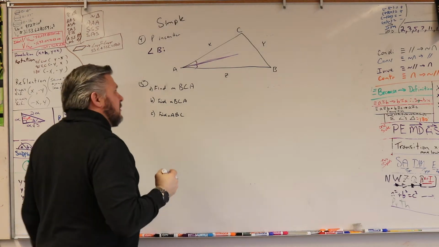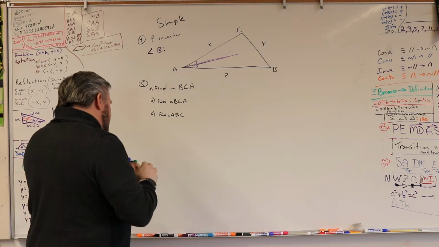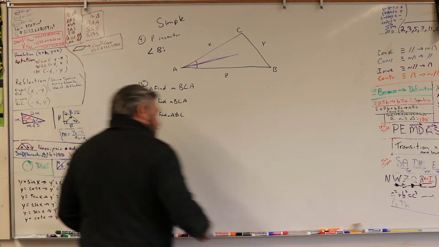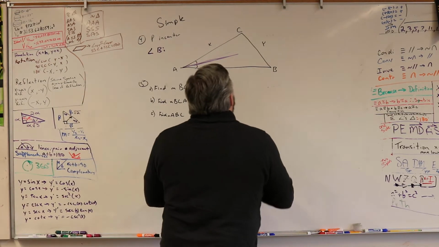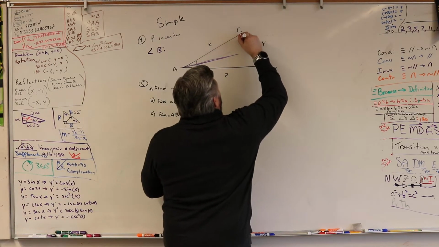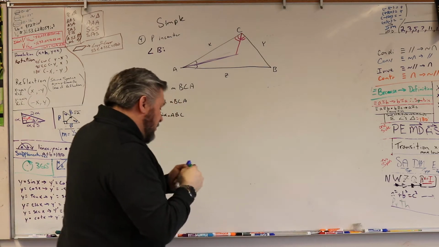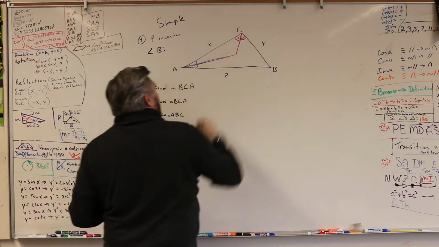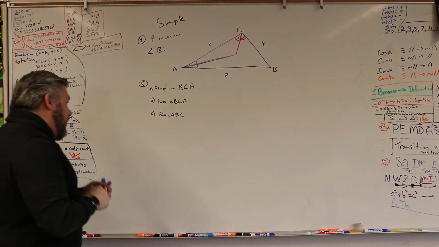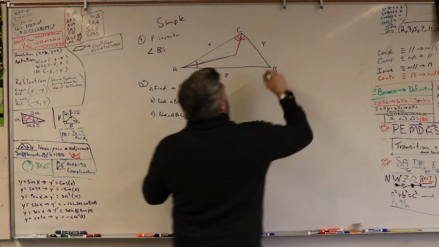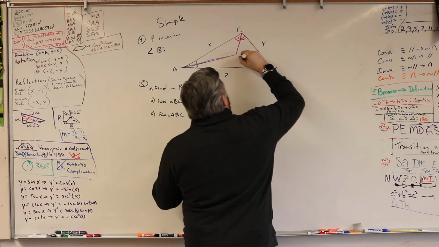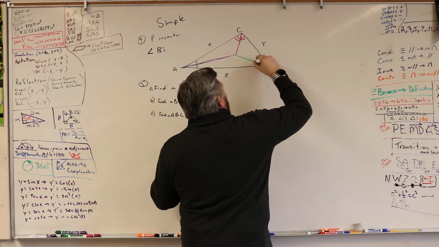Okay? Now, with that said, I'm going to do the same thing. I'm going to cut this in half. Right? And that's going to be congruent to this. Okay? And so then, when I cut B in half, it should match up.